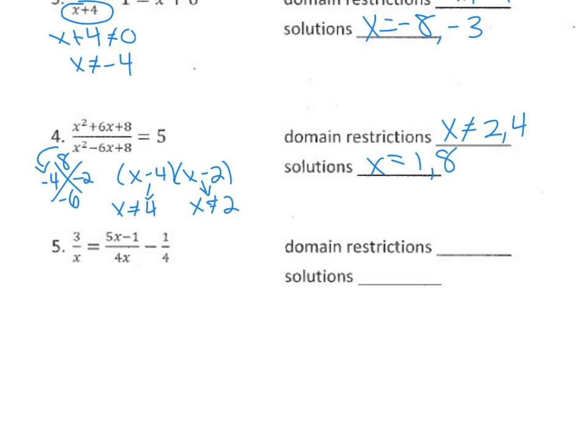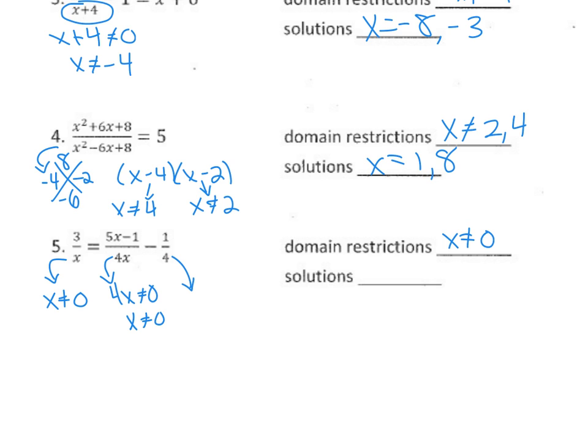On to the last one, we have number 5 says 3 over x equals 5x minus 1 over 4x minus 1/4. And so we take this x, set it not equal to 0, and we get one domain restriction, x is not allowed to be 0. Take the 4x, set it not equal to 0, and we just get x does not equal 0 again. We don't have to rewrite that.